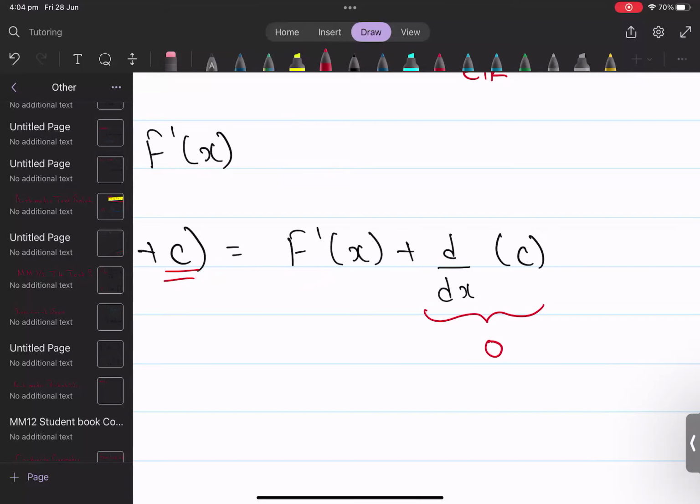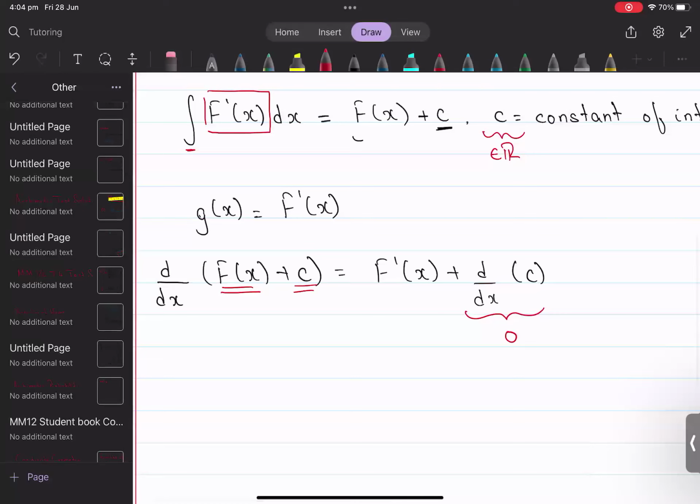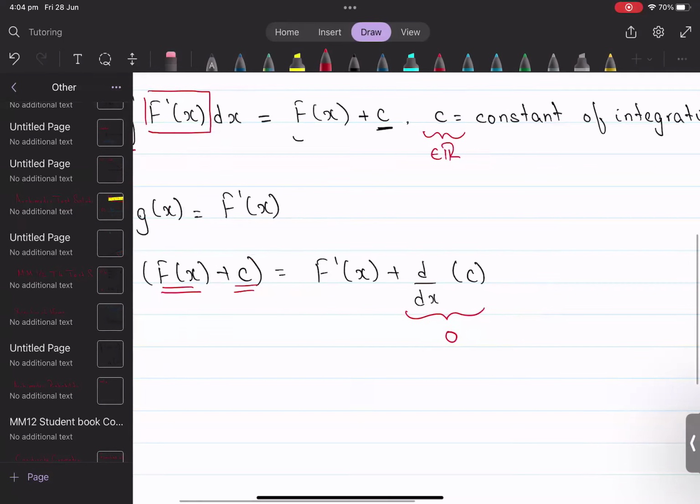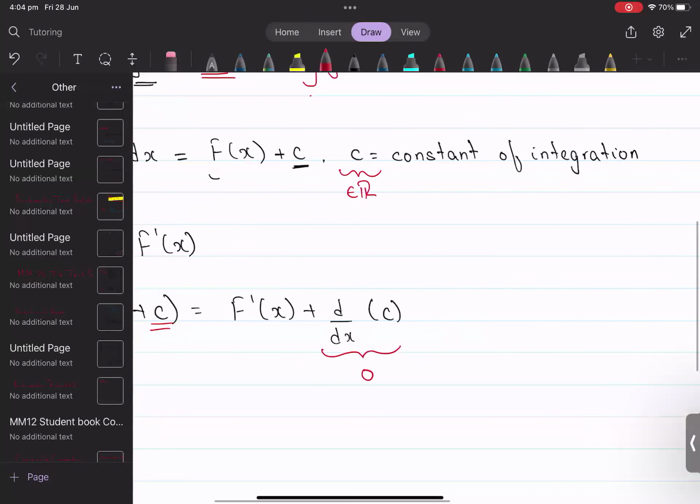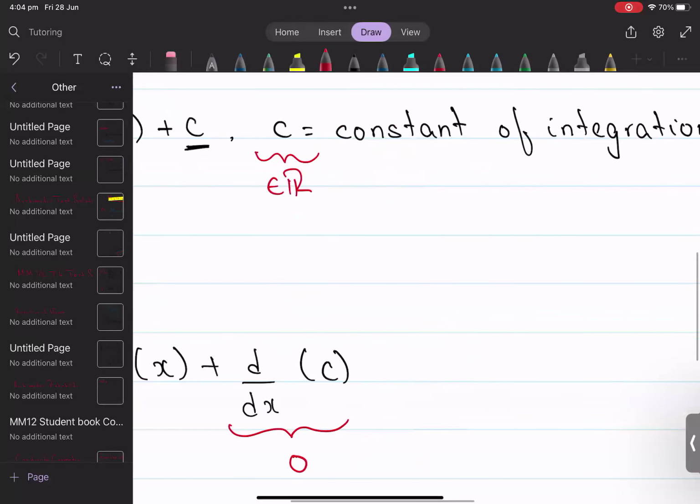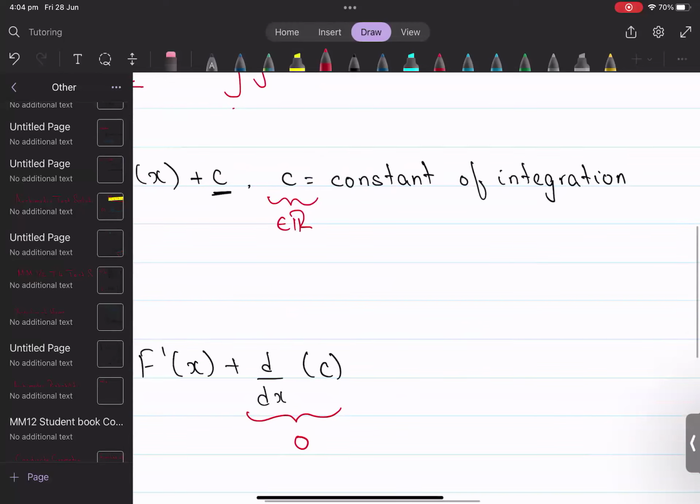So in other words, there's no way to tell once you've differentiated whether or not you had a constant to begin with, because eventually you will have differentiated it out, so to speak. So it's always essential to include a constant of integration while you're doing an antiderivative.